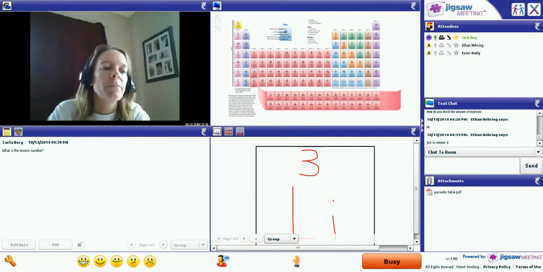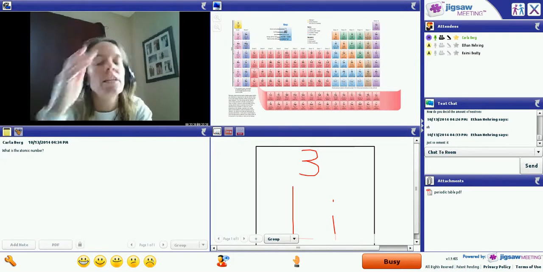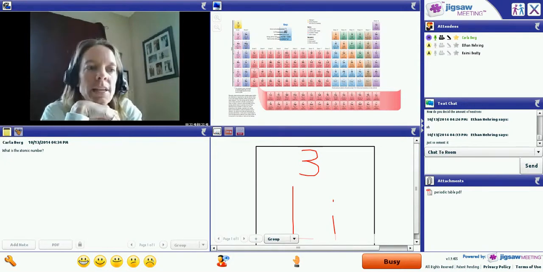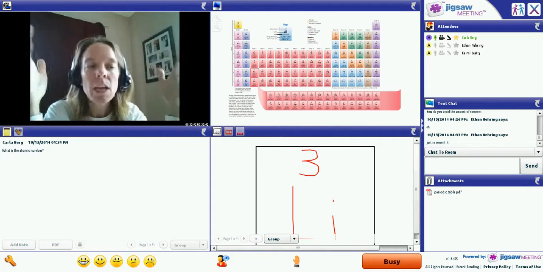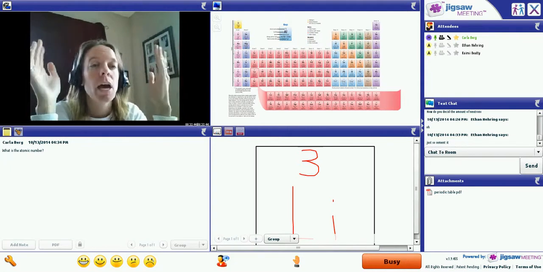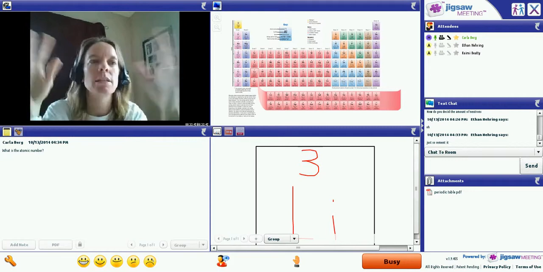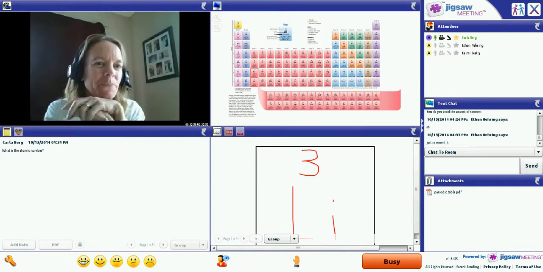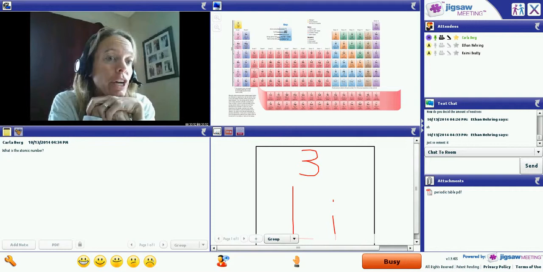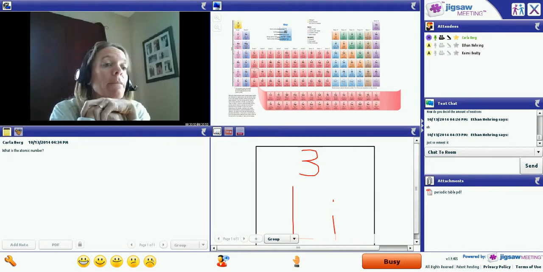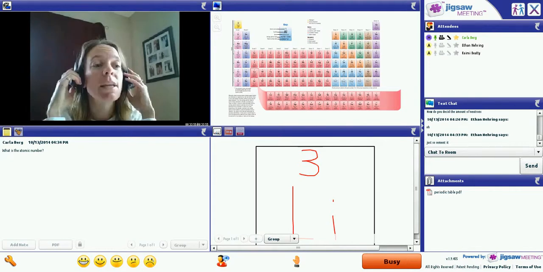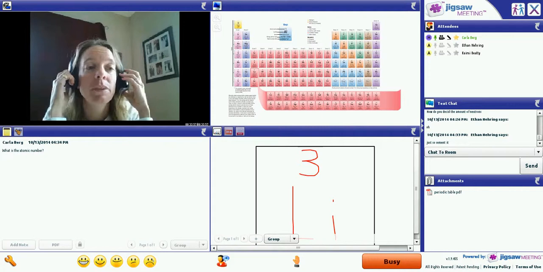Okay, right now, what I want you to do is go ahead and answer, what is the atomic number? On your screen right now, make the whiteboard smaller so you can see the 4 screens and you can see the one with my picture on it. Right below my picture, there is one that we haven't used. It might have a map in it right now.